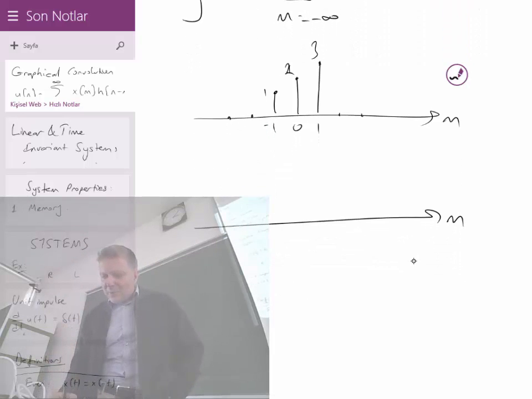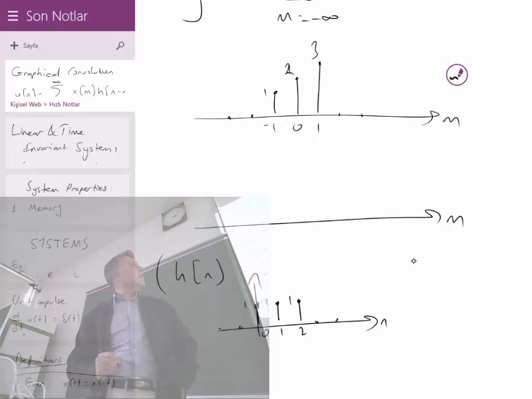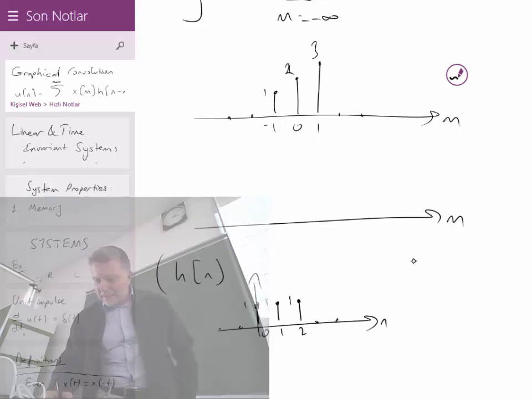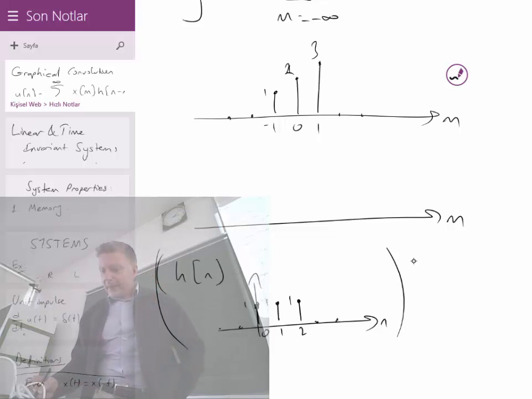Let me open a small parenthesis here, saying that h of n on the axis of n was, let's assume, like this: 1, 1, 1. Okay, it's a large parenthesis, and I'm closing it. So h of n was like this. What can you say about when n is equal to 0?